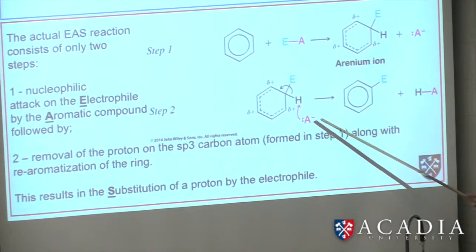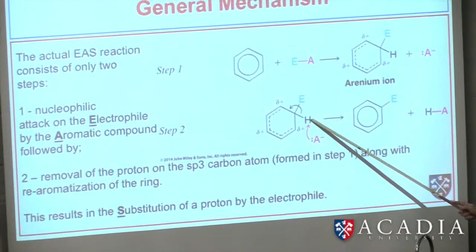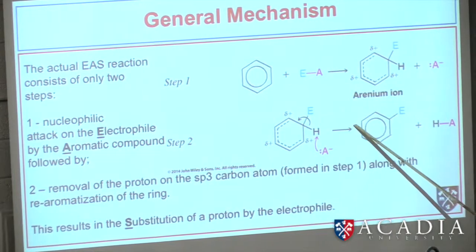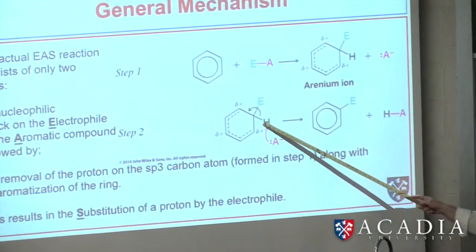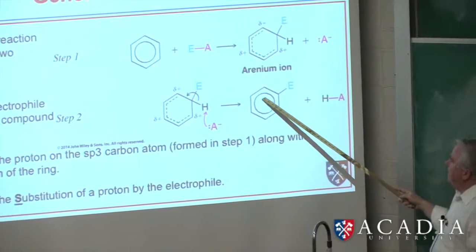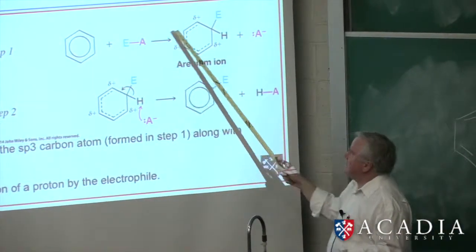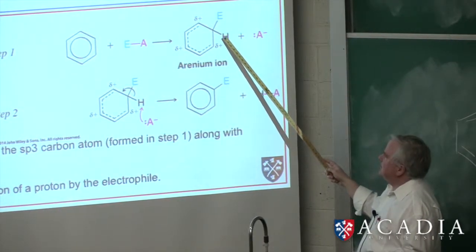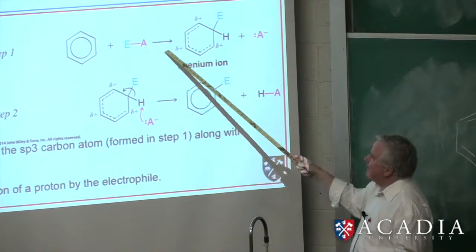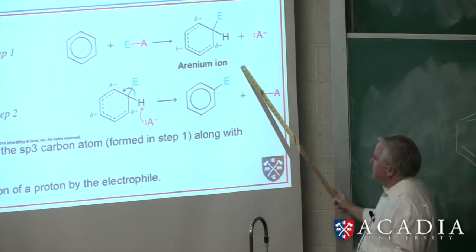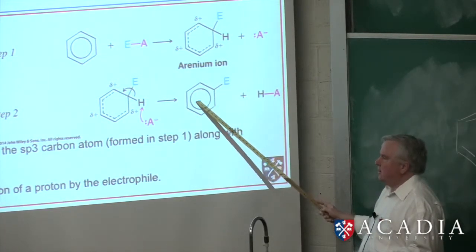The next step in the reaction is just the removal of a proton from that intermediate. So this is just like a Bronsted acid-base reaction. This is our base pulling off a proton, and that forms our substituted product. So the electrophile adds in the first step, and then the electrophile could go back, but our base comes along and removes a proton, thus giving us the substitution reaction.